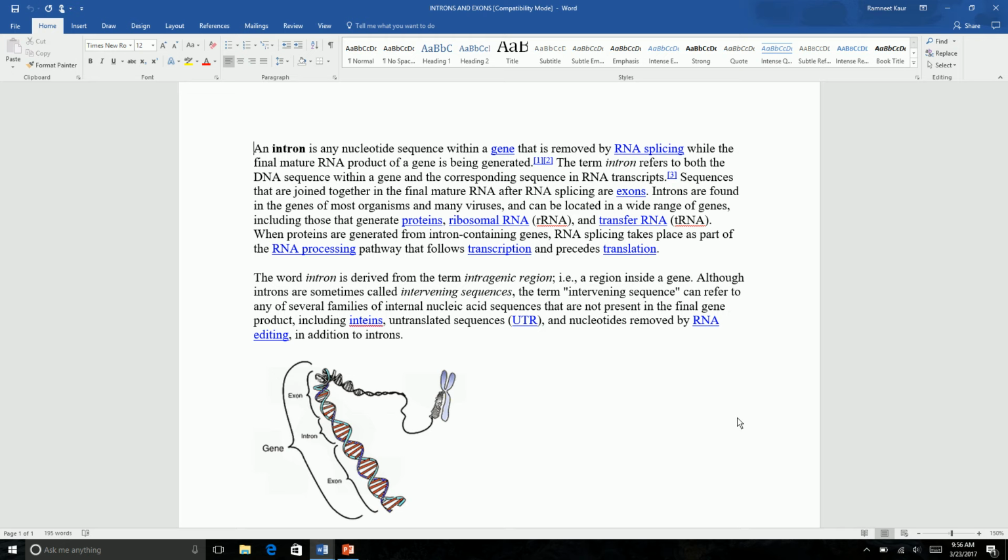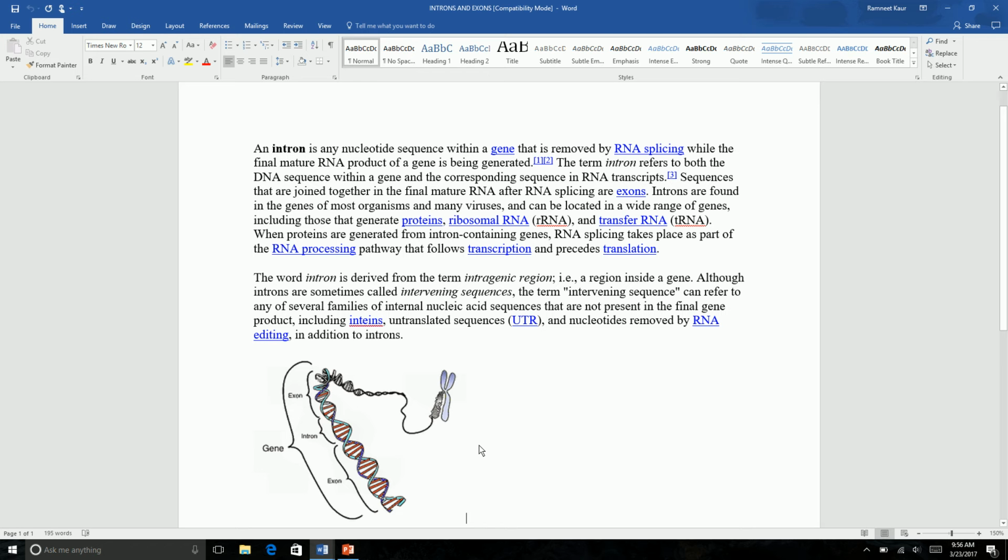As you know, DNA codes for proteins, but that region of DNA is called junk DNA, and it has been given the name introns. The part of DNA which is coding for proteins is called exons. So there are two terms, introns and exons.